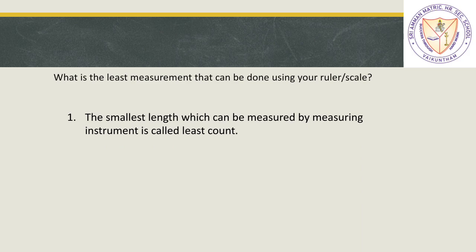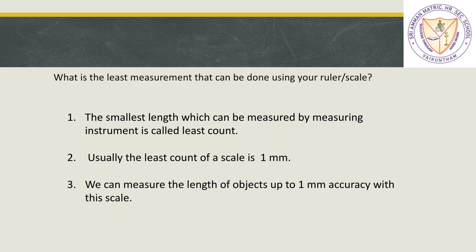In your scale it is 1 millimeter. Nowadays scales come even with 0.5 mm, but usually the least count of the scale will be 1 millimeter. We can measure the length of objects up to 1 millimeter accuracy with this scale. If any instrument has its least count as 1 mm, that means you can measure the length of objects up to 1 mm precisely.